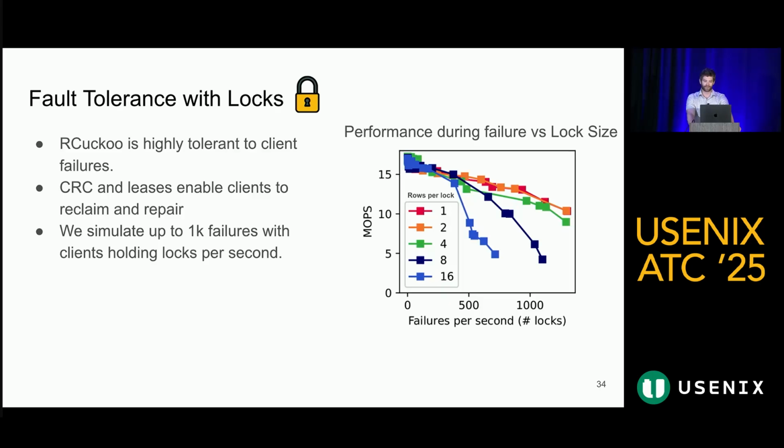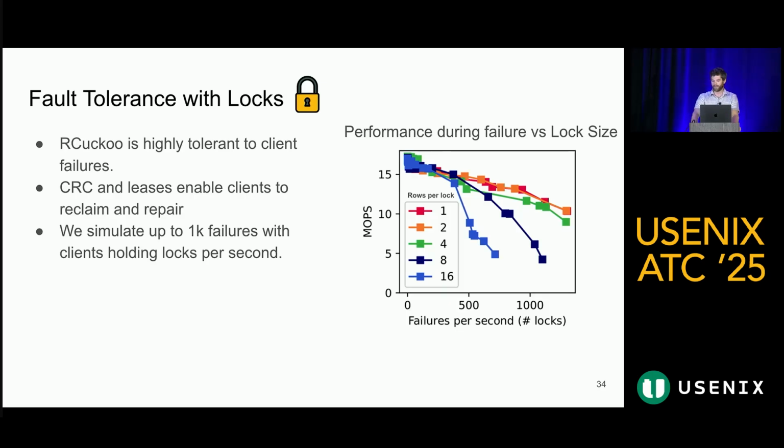Using a really interesting mixture of RDMA protections, CRCs, and the way that cuckoo-hashing insertion works, we enumerated the number of failure cases that we could walk into and enabled a protocol where running clients can reacquire the locks of failed clients, ensure that they don't corrupt the table, finish the insertions that they were doing, and then repair the table back to a consistent state. And we're able to do this with a relatively high degree of parallelism as well.